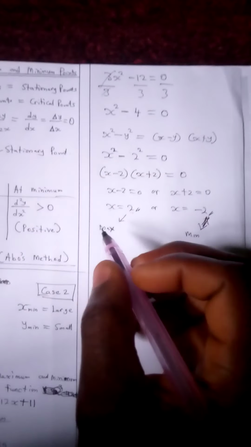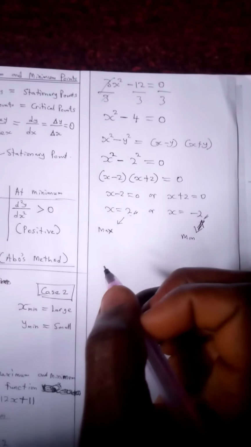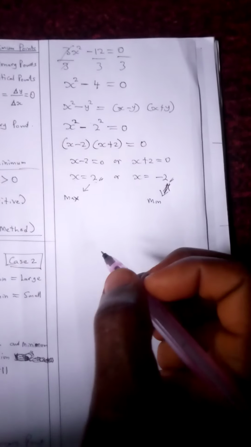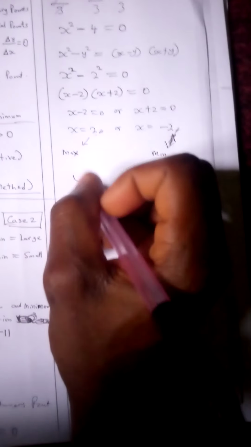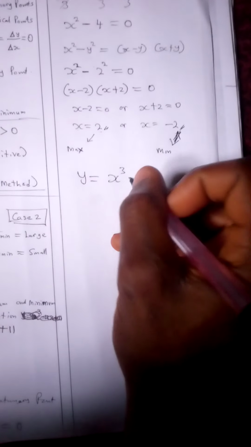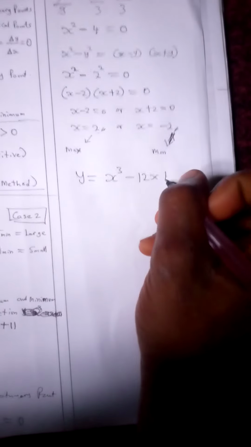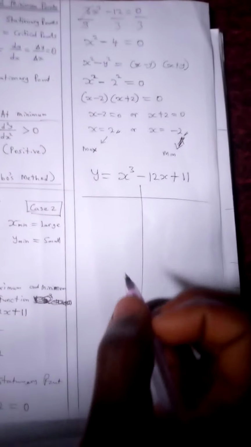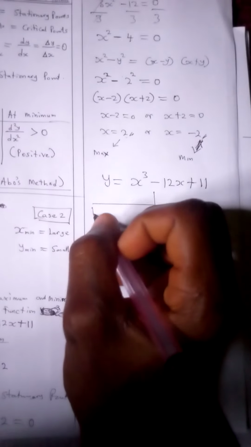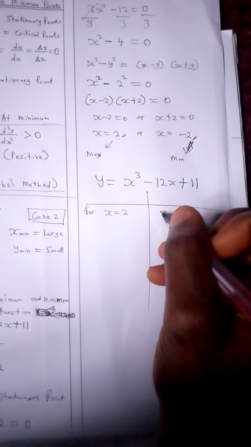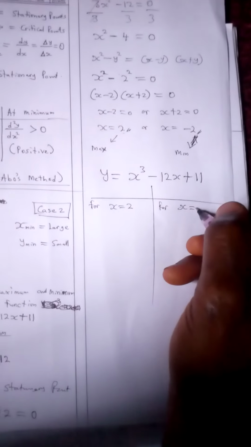To get these, we are going to write the original expression, which says y equal to x cubed minus 12x plus 11. We divide it into two cases: for x equal to 2 and for x equal to minus 2.